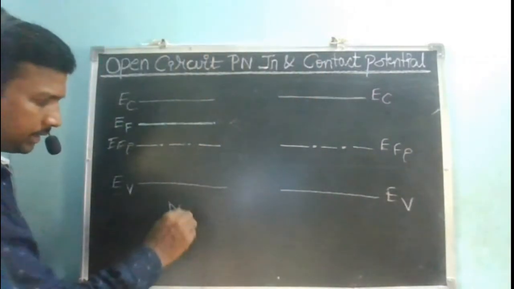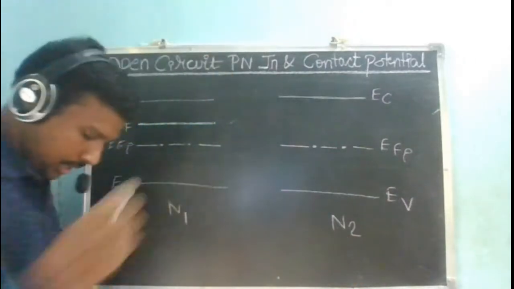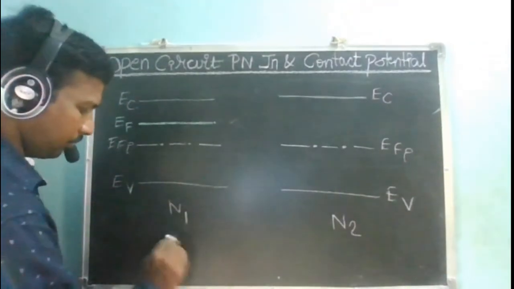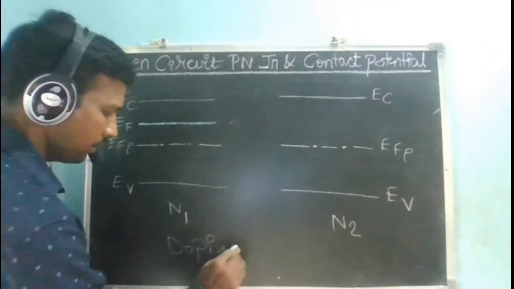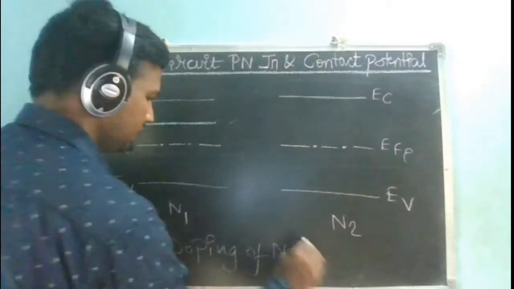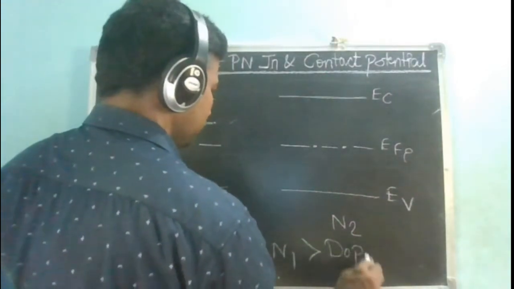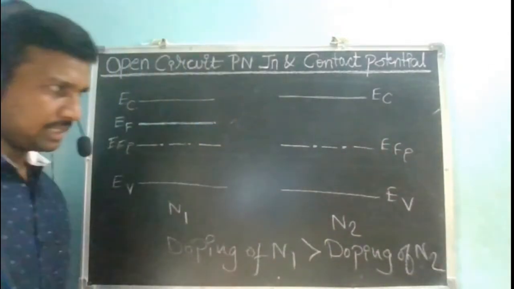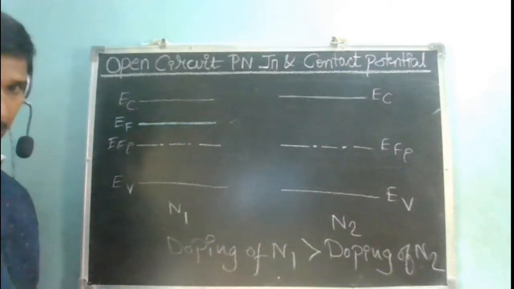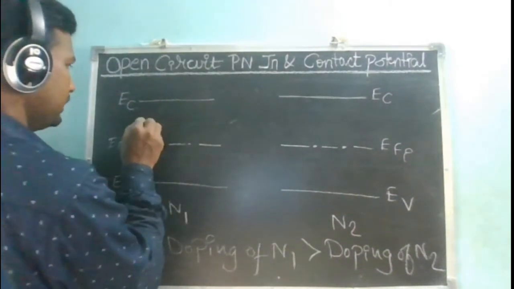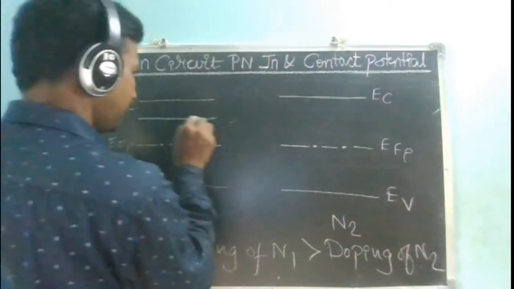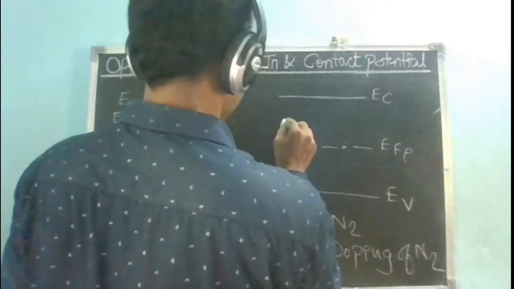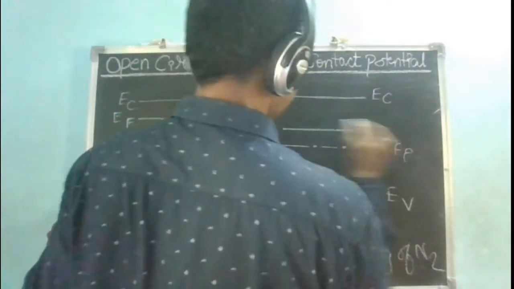Let us say that this is N1 and this is N2, and this time I want to make N1 more doped than N2. Doping of N1 is greater than doping of N2. Where do I need to represent my Fermi energy level in the second semiconductor? N1 is more doped, so it is somewhere here. This is EF, and this is somewhere here.